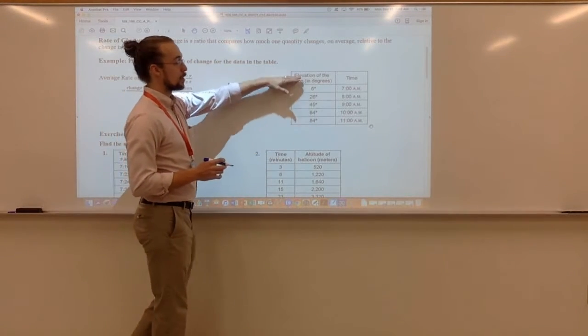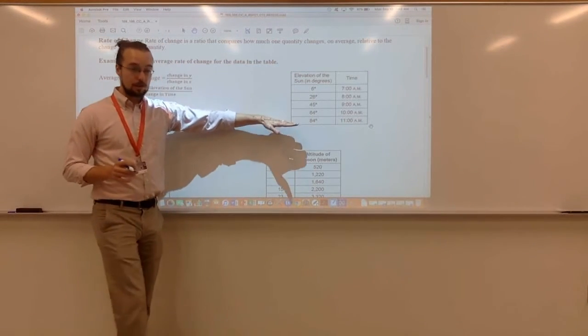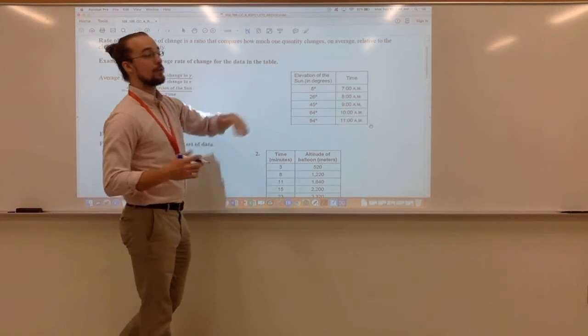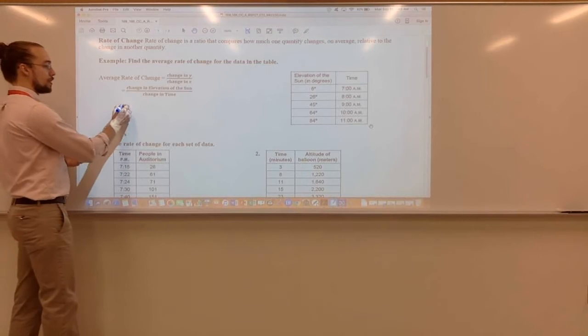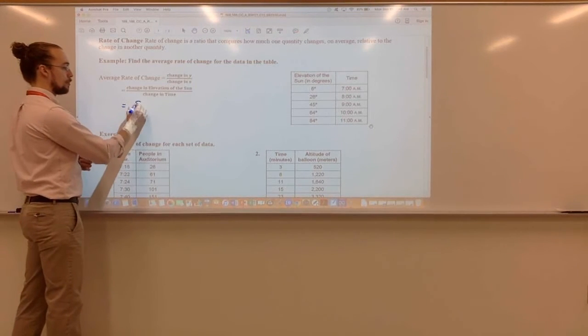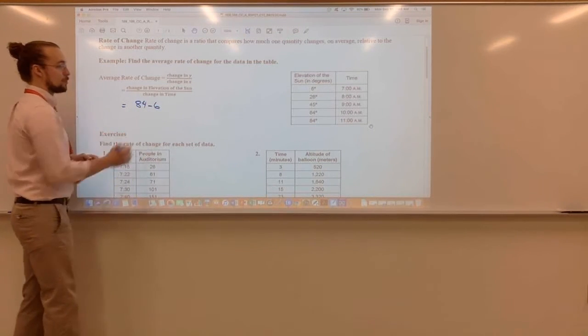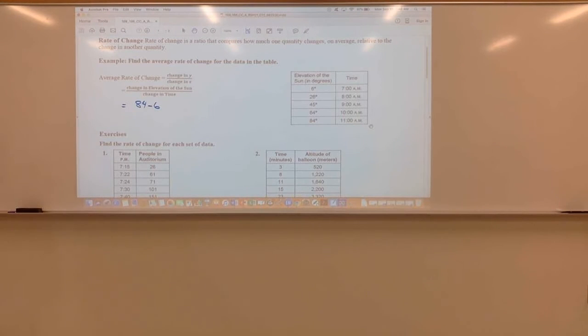If we're looking at degrees, we take our final data point and our first data point. That's the total change. So we take our last data point of 84 and subtract 6, our first data point, and that gets us how much it's changed.